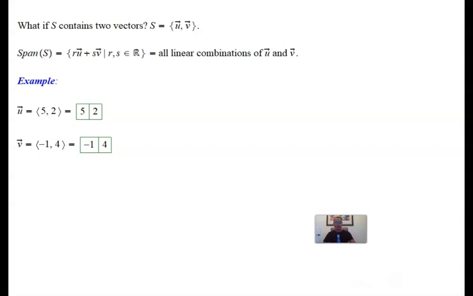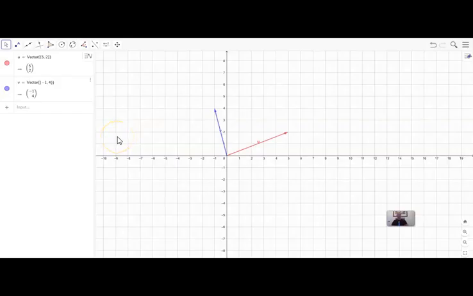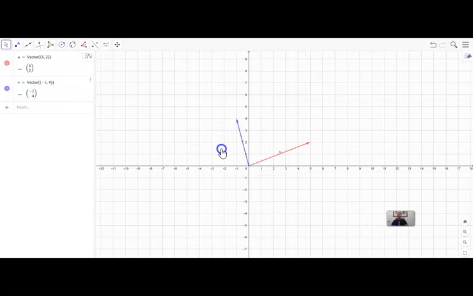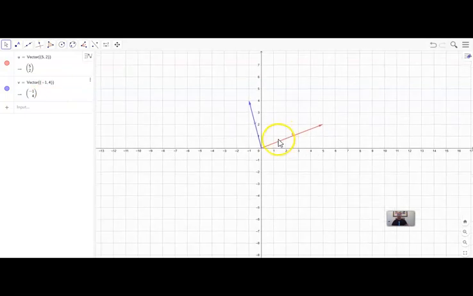So let's go back to GeoGebra now, and let's make many combinations of u and v. So let's start over. I kept our old vector u, and I input a new vector v, negative 1, 4, and I colored it blue. So as we make more linear combinations of u and v, we will see the original vectors over here.